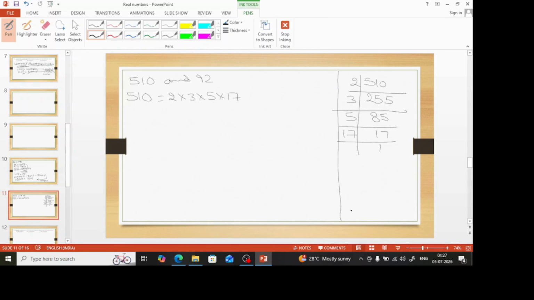This is a part of our rough calculation, or you can show it in the main question also. This is not a problem. Now I make the factors of 92.